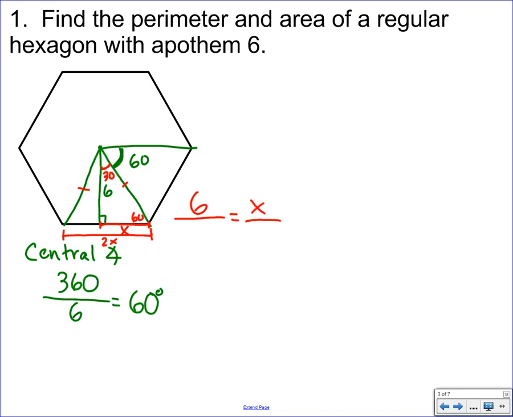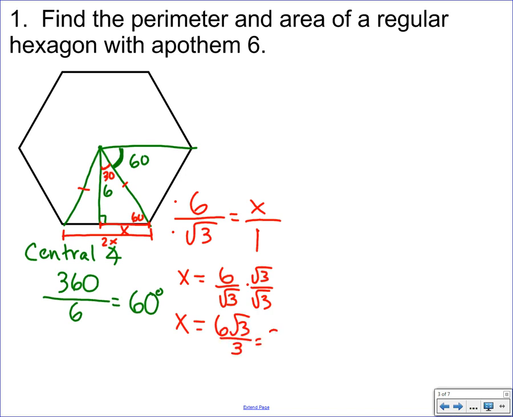The side opposite the 60-degree angle in a 30, 60, 90 triangle is root 3. So 60-degree side over 60-degree side, 30-degree side over 30-degree side, so that's going to be 1. So x is equal to 6 over root 3, multiplied by root 3 over root 3. 6 root 3 over 3, or 2 root 3.